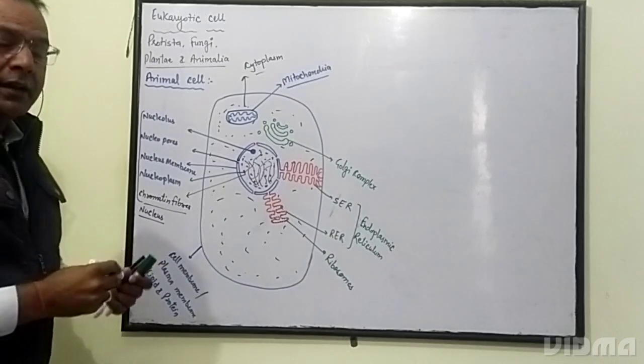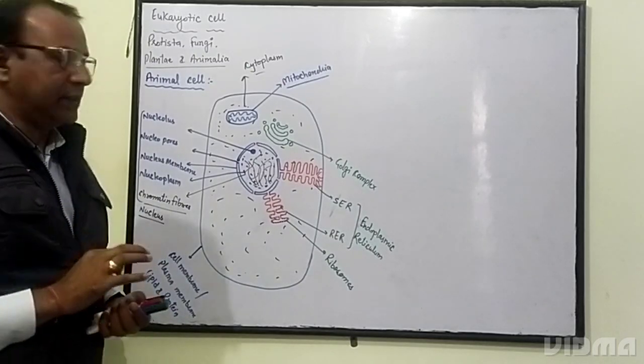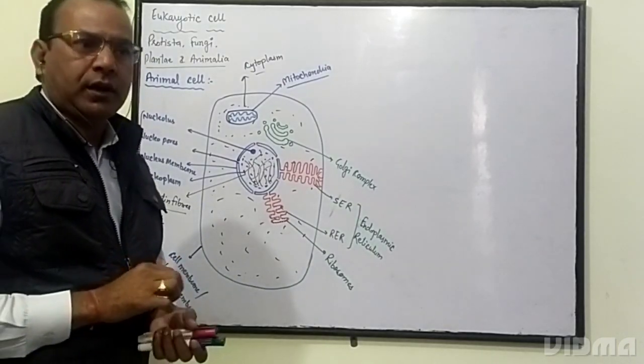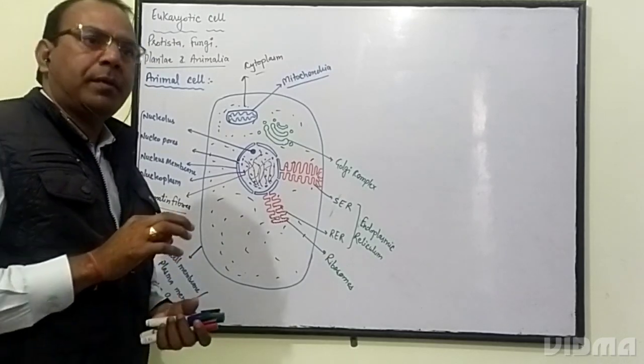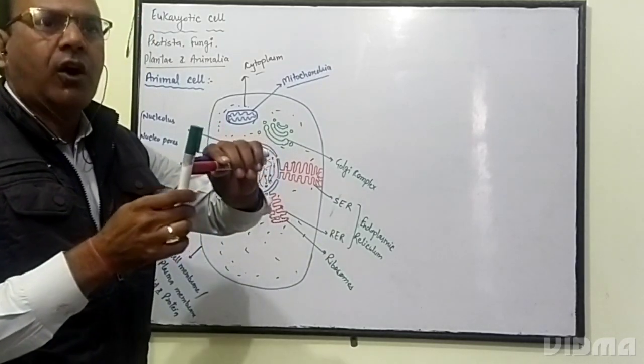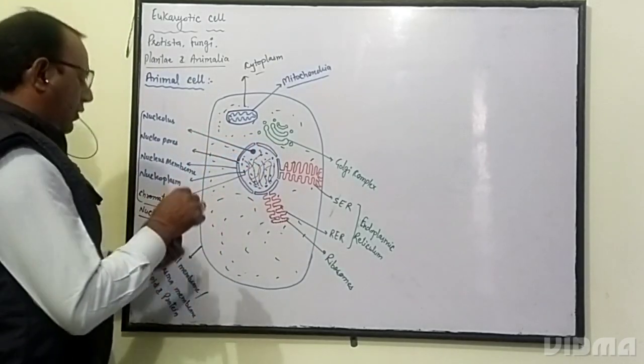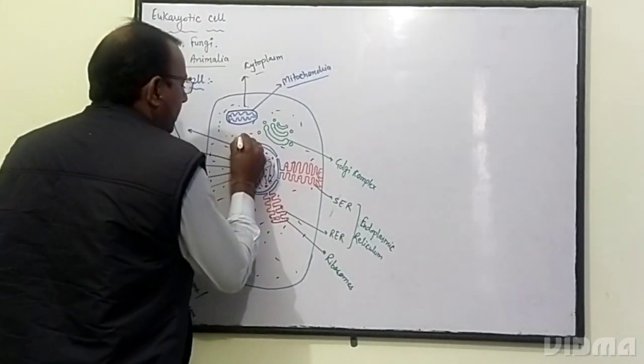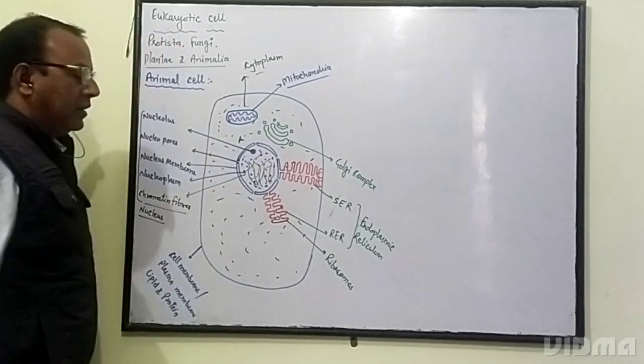Only in the animal cell, there are two perpendicular fibers, one vertical and one horizontal. They remain near the nucleus and are called centrioles.